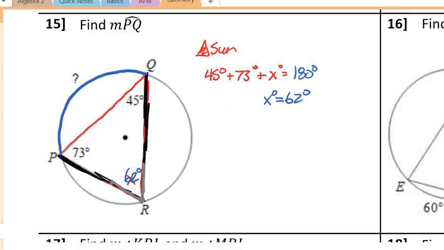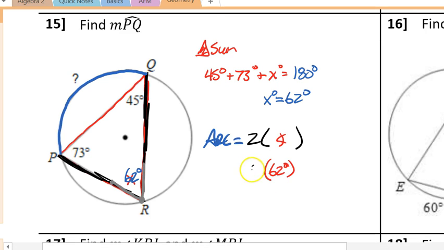Well, the arc that we are looking for is equal to 2 times whatever the angle measure is. Angle is equal to half the arc, and the arc is twice the angle. So if this was 62 degrees, we simply need to multiply that by 2, which gives me my arc measure PQ is equal to 124 degrees.